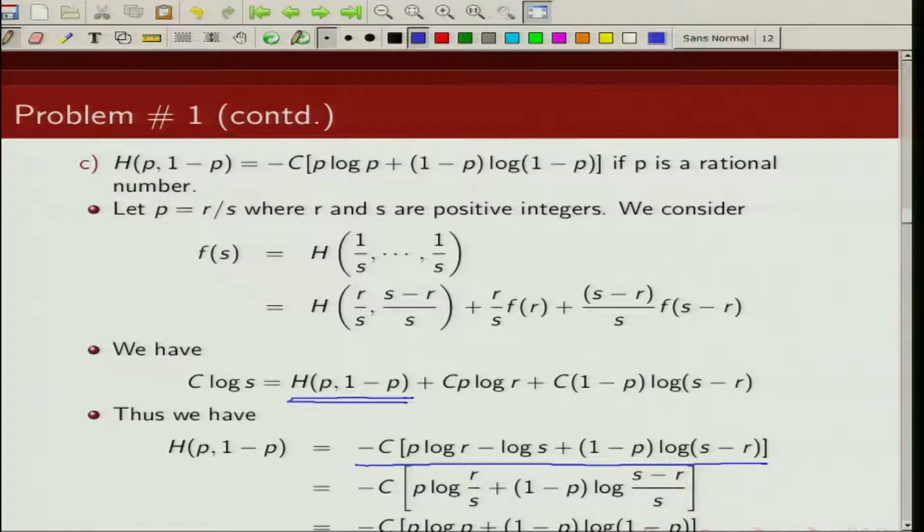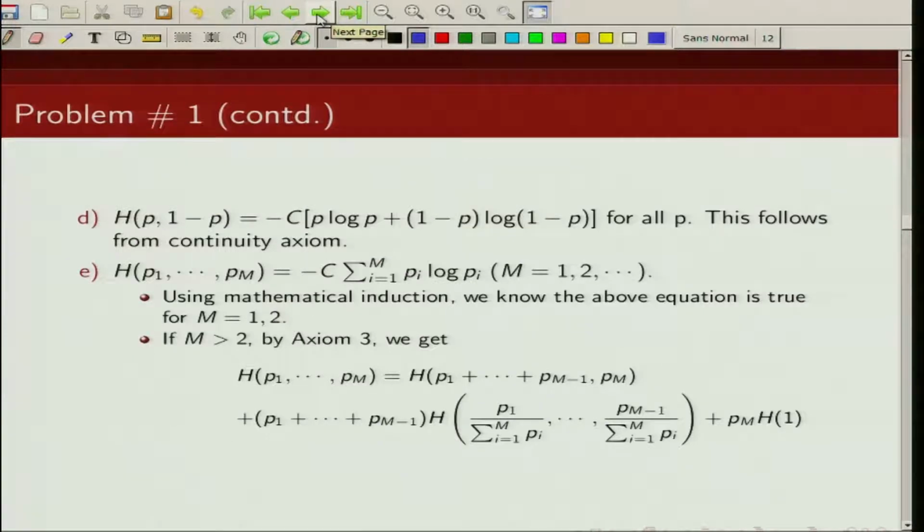If we do that, we get this of the form minus some constant times P log(r/s). Now r/s is P, and log of (1 - r/s) is log of (1-P). So what we get is this. And this holds true for all P. This follows from the continuity axiom.